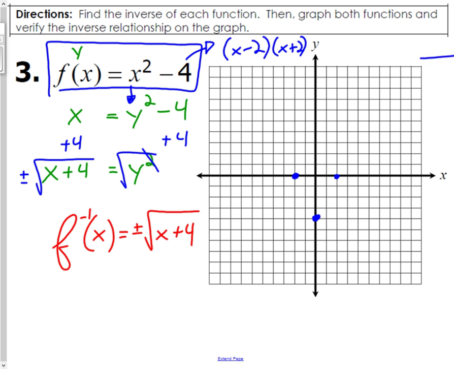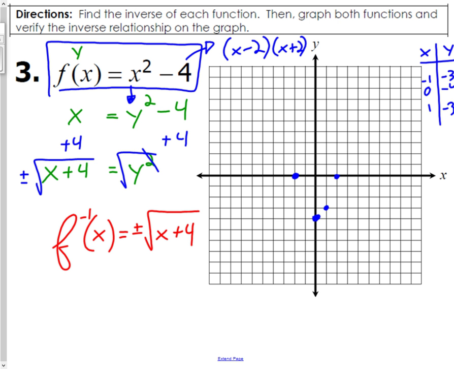I'll do that over here. So if I substituted 1, for example, 1 squared is just 1. Take away 4 gets me negative 3. So we know 1, negative 3 is on that parabola. Or I could substitute in negative 1. Negative 1 squared is still 1. Minus 4 is negative 3.